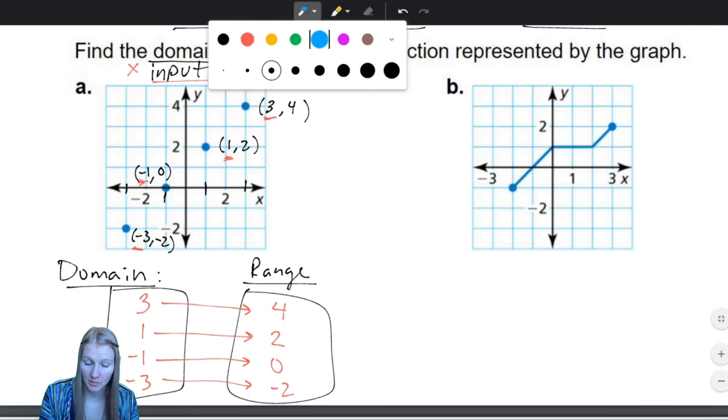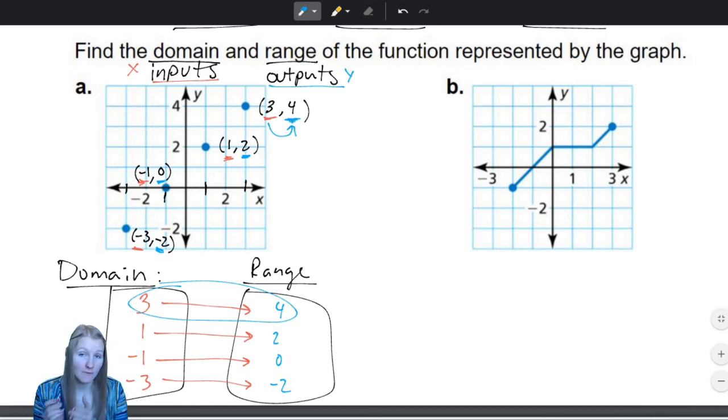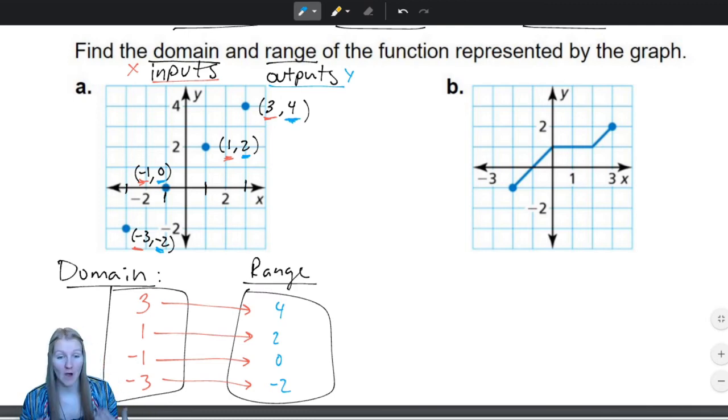And I'm sorry, typically we make the outputs blue, so let's do that. 4, 2, 0, and -2. So that you can see the blue numbers are the y values of your points. So that's why we have 3 pointing to 4, because 3 is the x coordinate and 4 is the y coordinate.